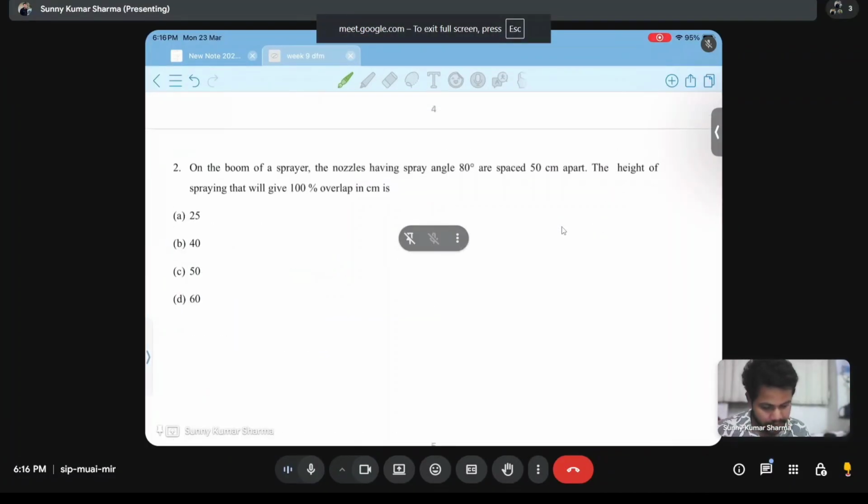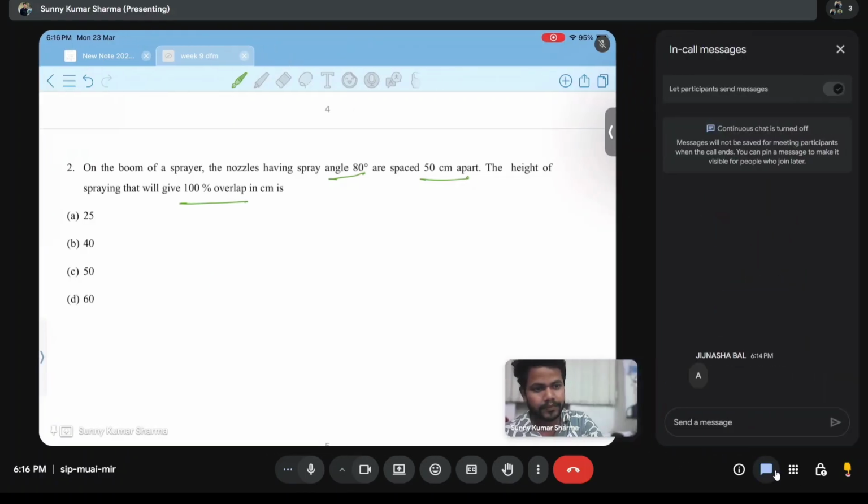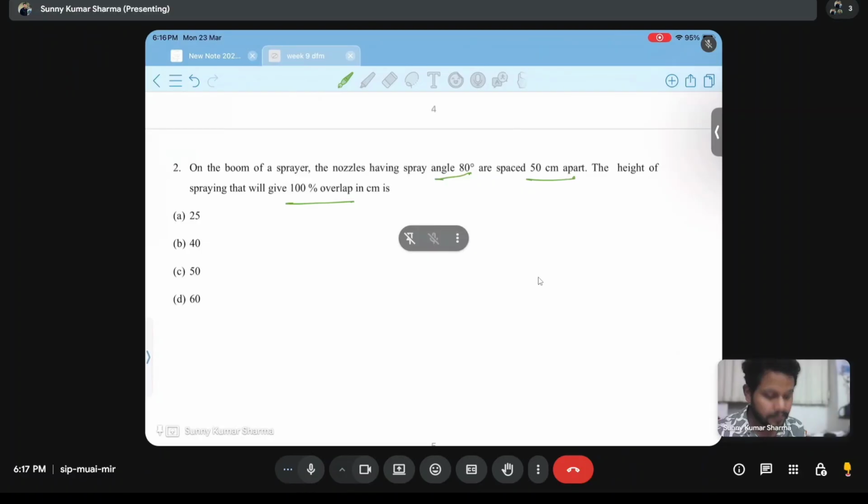Okay, second question. On the boom of a sprayer, the nozzles having spray angle 80 degree are spaced 50 centimeter apart. What is the height of spraying that will give 100% overlap? Was this question there this year? So tan theta by 2, that formula we will use.